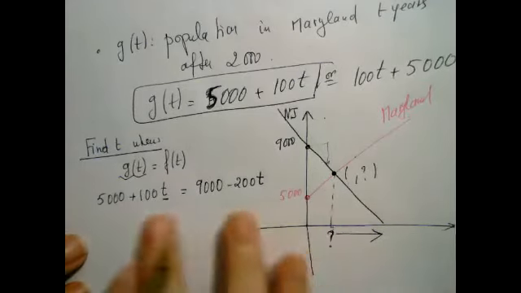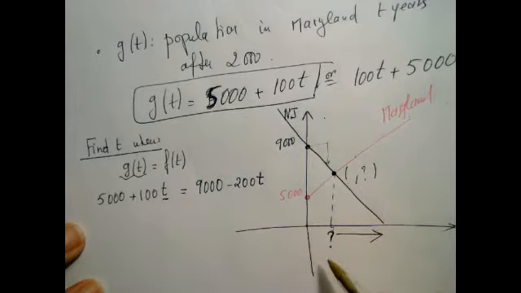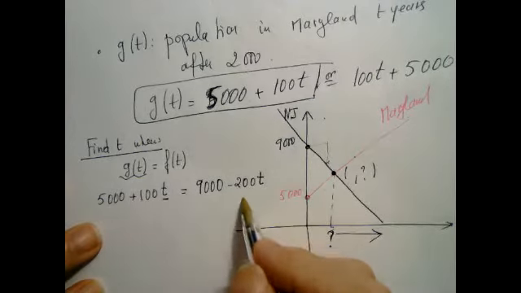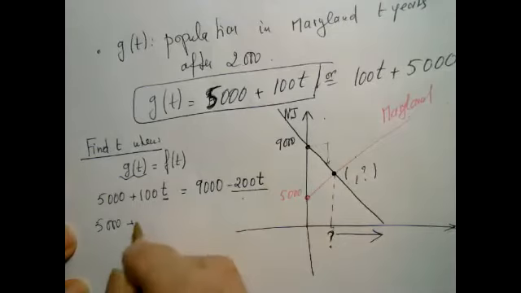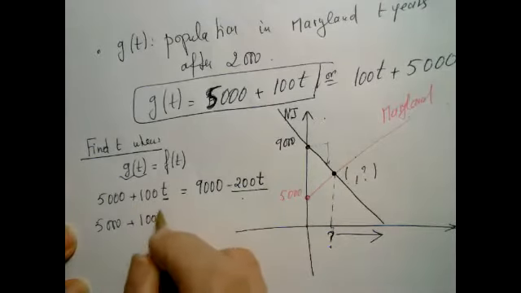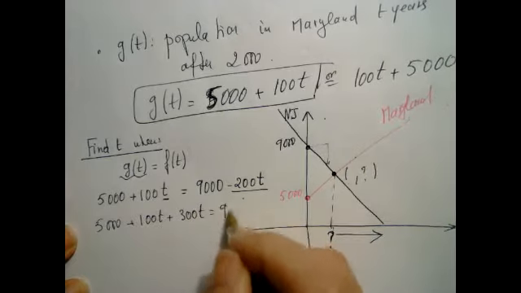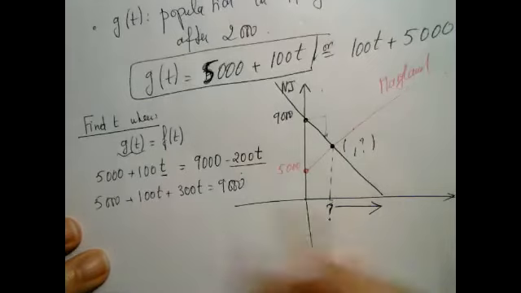Okay, so is it easy to solve this equation? Is it easy to find when they meet? I need to isolate my t's. So I add 200t to both sides. So I will have 100t plus 200t, which is 300t, equal to 9,000 minus 5,000, after I take away 5,000.